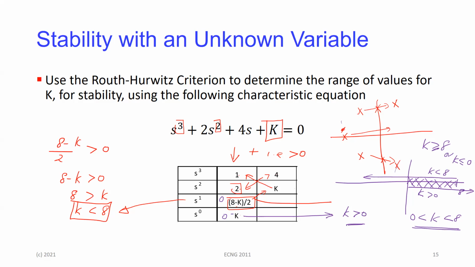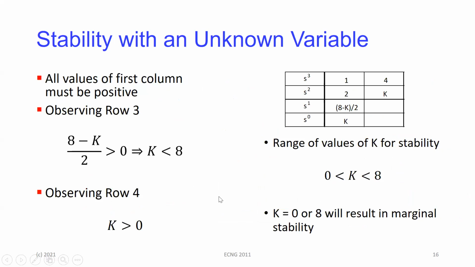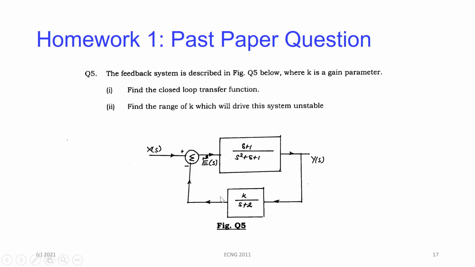All right. So you can look at the question in either way, and the past paper questions ask that: what is the range of values for k that makes it stable or unstable? It brings you back down to this kind of question, similar to the past paper question.